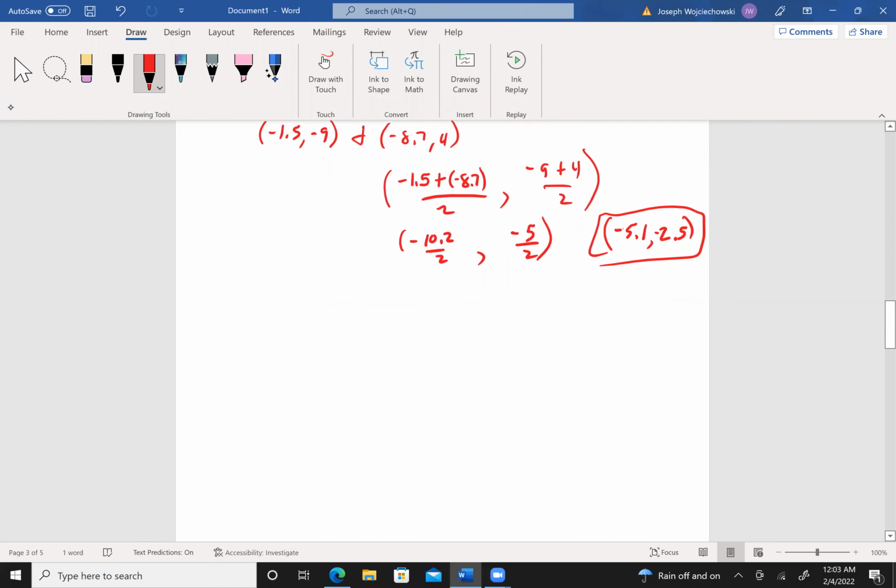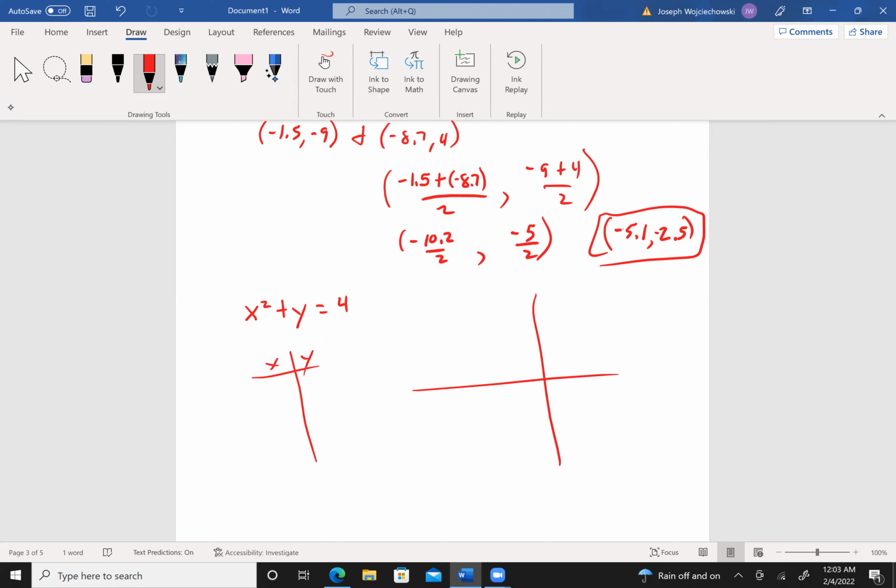So graphing an equation. So let's look at an equation. We have x squared plus y equals 4. We want to graph it. Now, the easiest way to graph these right now is to just plot some points.